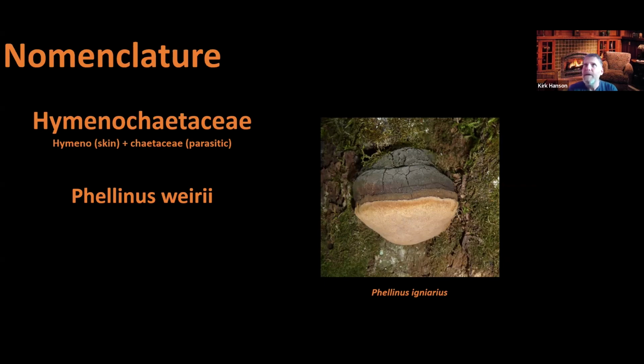But in the early 2000s, researchers discovered that there was a whole slew of Phellinus species out there, and they realized that there was a Phellinus species that was attacking western red cedar, as well as a Phellinus species that was attacking Douglas fir.